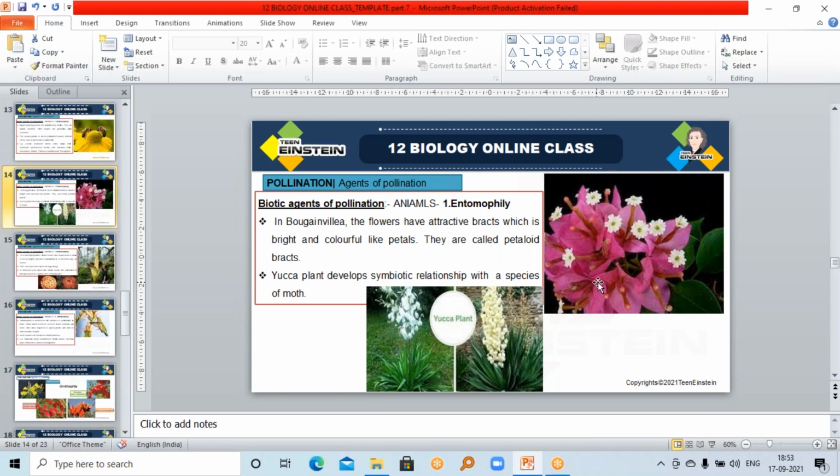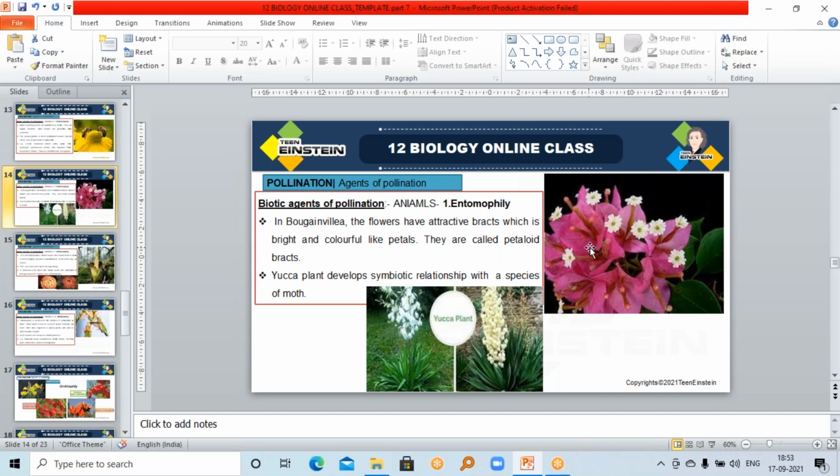So what is bract? It is a specialized or modified leaf. That is called bract. It is associated with the reproductive structures such as flowers or inflorescence. Here in bougainvillea, it is attached to the reproductive structure, the small white flower.